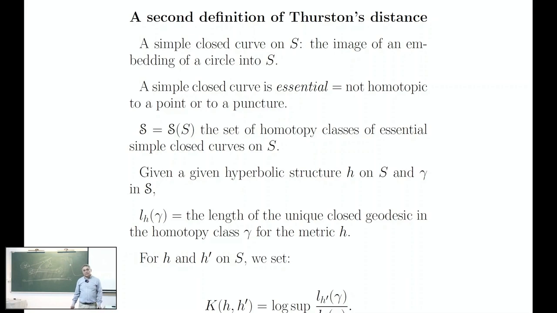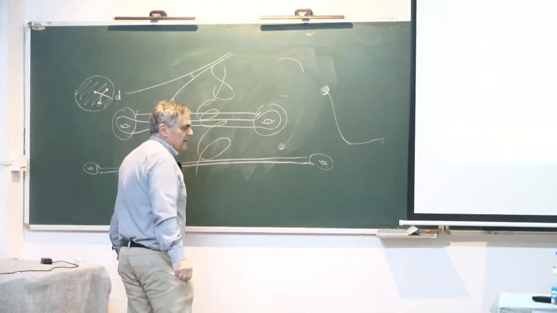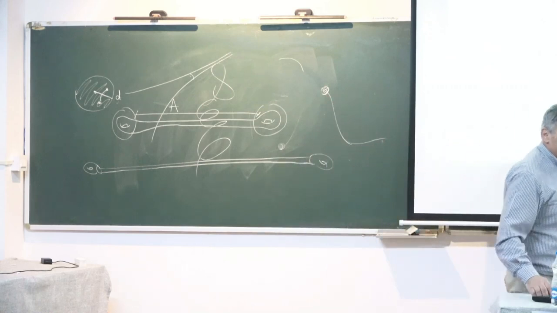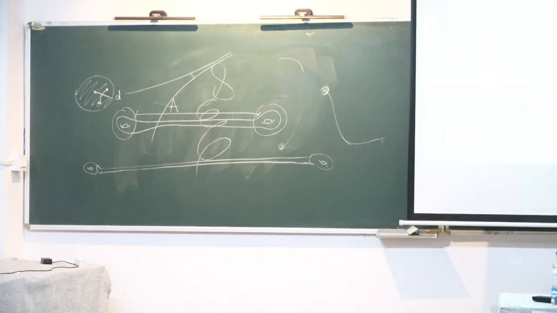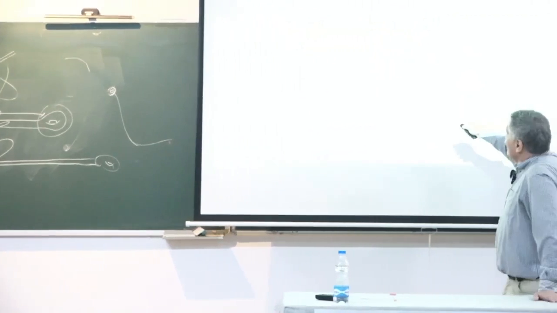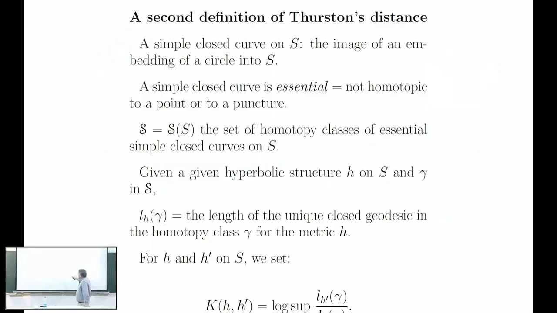If you write a paper and say, I have the set of essential simple closed curves on the surface, and I denote it by E, I would be reading and ask, why is he using a different notation than anybody else? This is the standard notation, which started with Thurston, in fact, and everybody uses it: script S, the set of homotopy classes of essential simple closed curves.